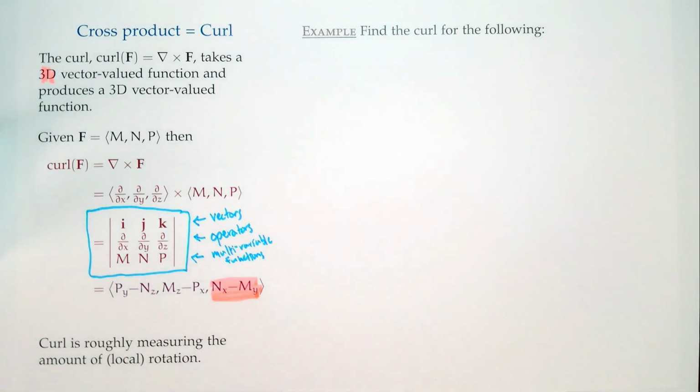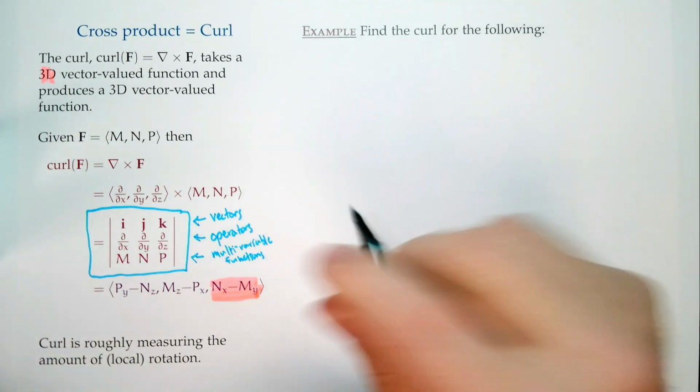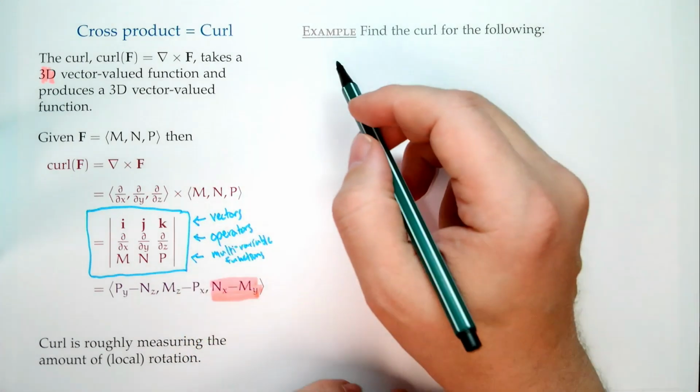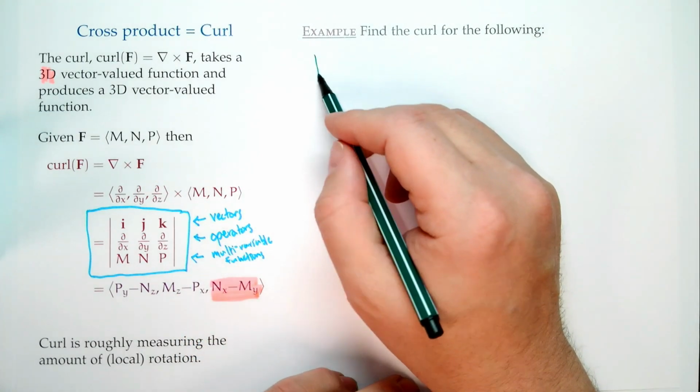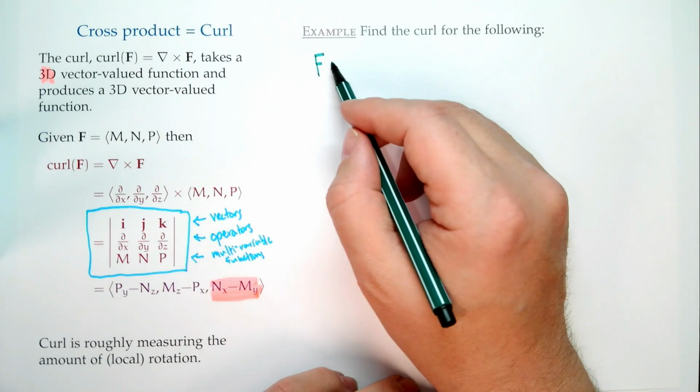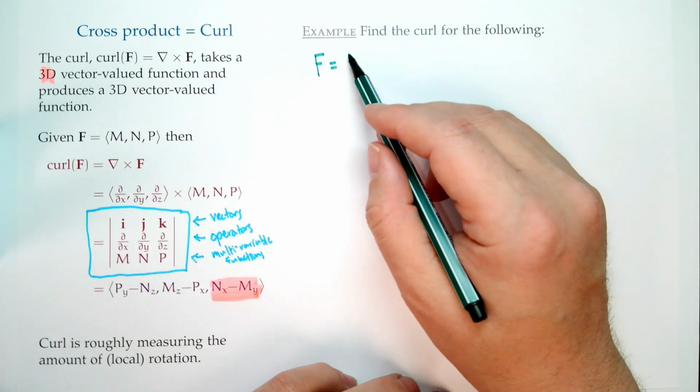Okay, so let's do some examples. Find the curl for the following. Now, let's come up with a function. Now remember, it has to be something which is a three-dimensional vector-valued function. So the other thing is, curl is a lot harder to compute, so we're not going to get too exotic. So let's come up with a function that's not too hard to work with.